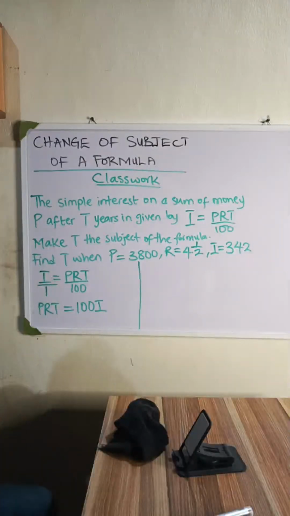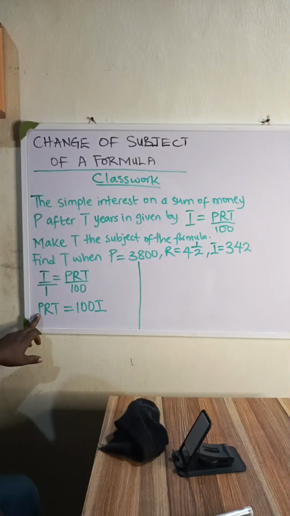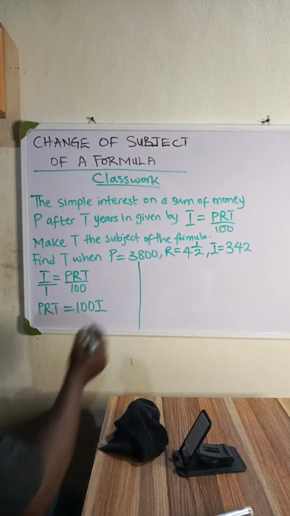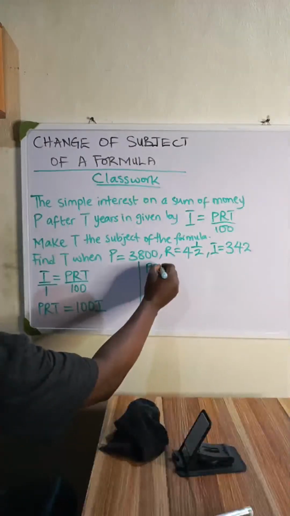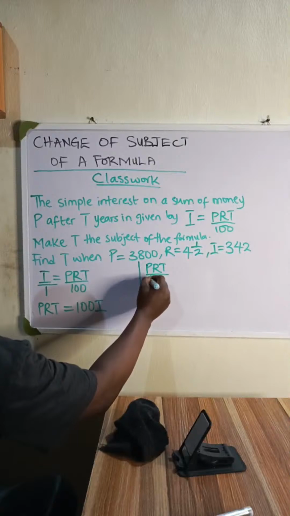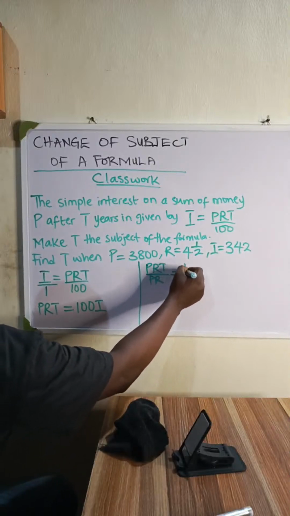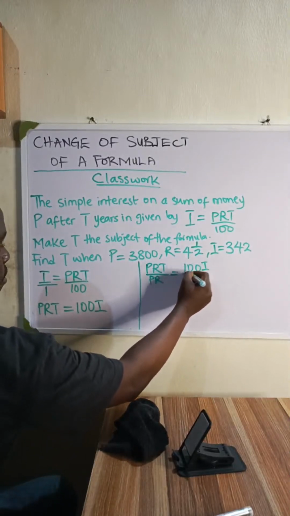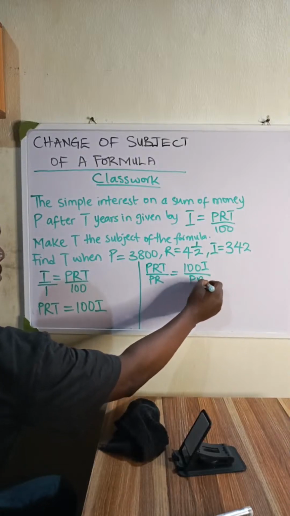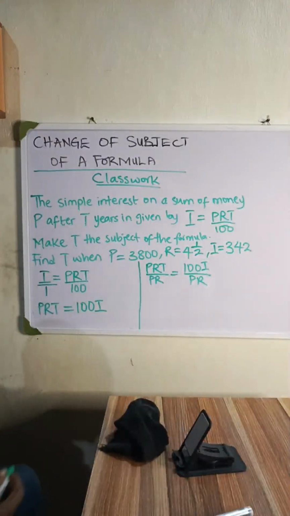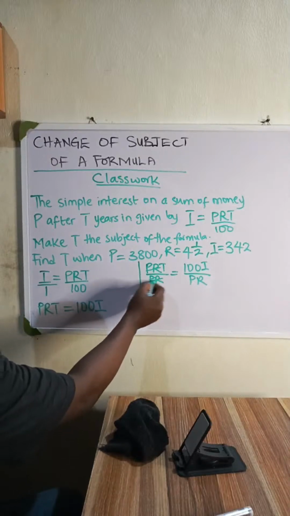So our target is to make T the subject of the formula. So we're going to divide both sides by PR. So we're going to have PRT all over PR is equal to 100I all over PR. Okay, so PR will cancel out PR.